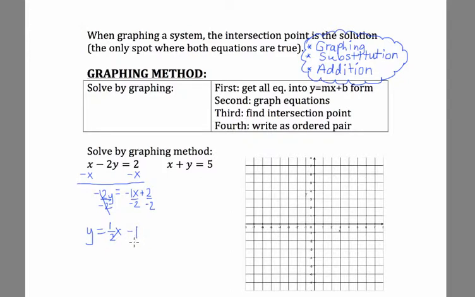So let's graph this. My b number is negative 1. My m number is 1/2. That means I will go up 1, right 2.